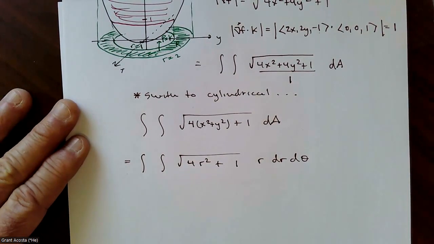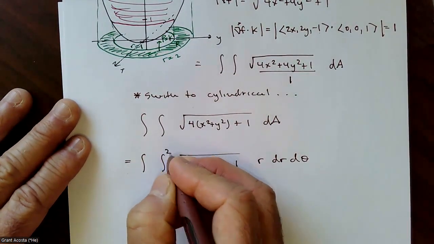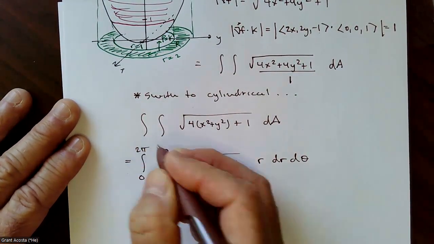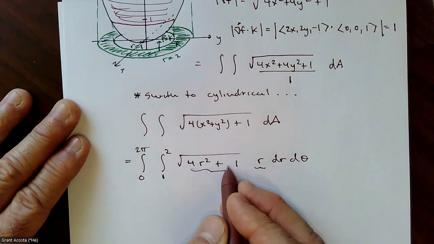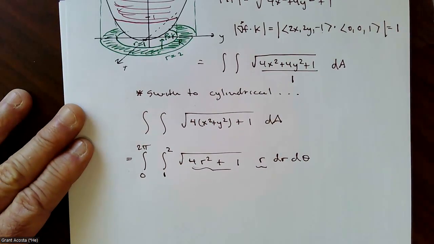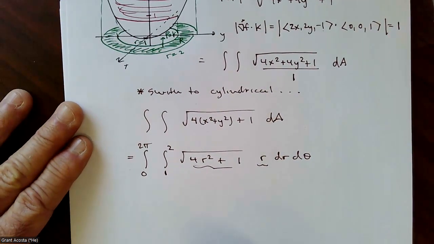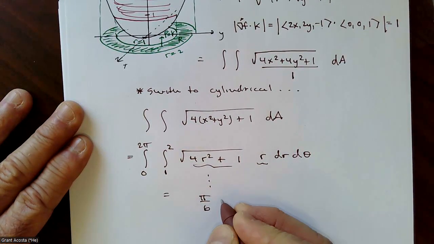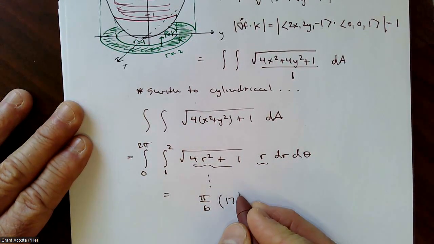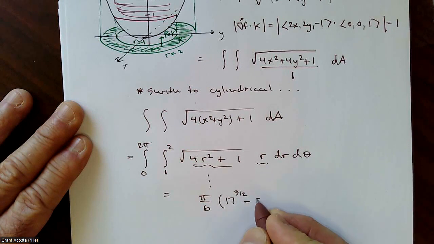So your r is going to go from 1 to 2, theta is going to go from 0 to 2 pi, of course. This is another pretty easy U substitution. Let U equal the inside. It's going to work out. And you can show that this area comes out to be pi over 6 times 17 to the 3 halves minus 5 to the 3 halves.